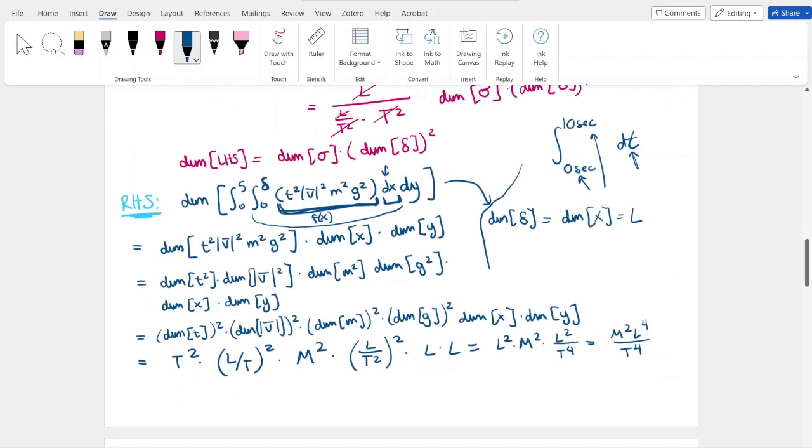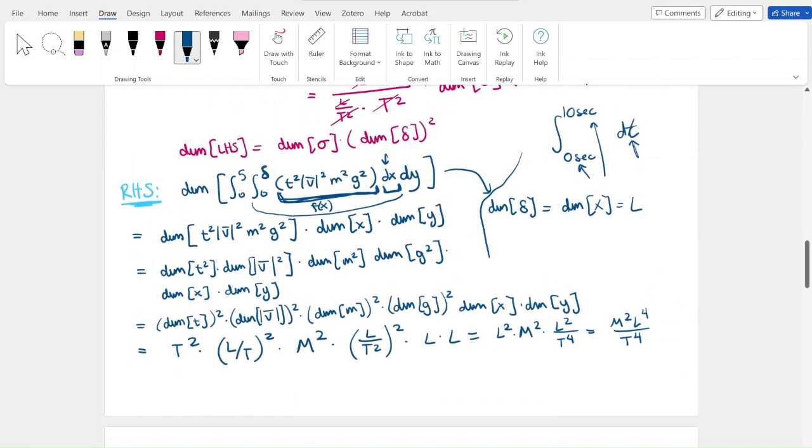Okay, so just to recap, we found that the dimension of the left-hand side equals the dimension of sigma times the dimension of delta squared.